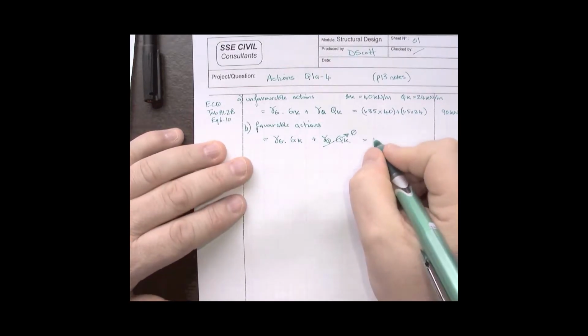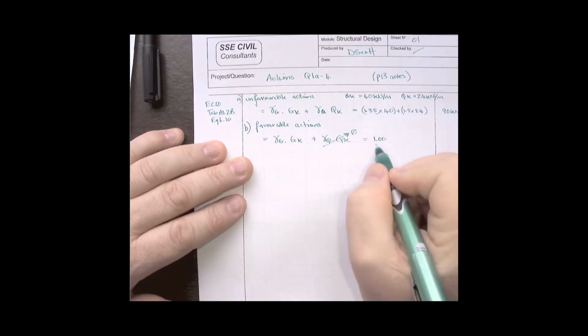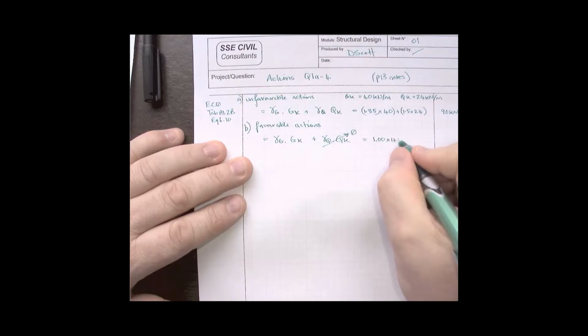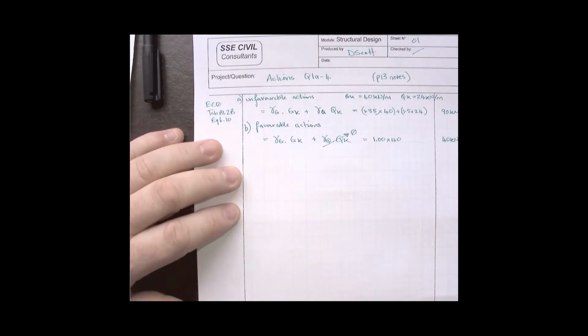So that was, instead of 1.35 we have 1 times the 40, and that gives us 40 kilonewton per metre.